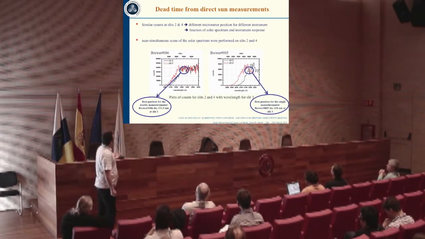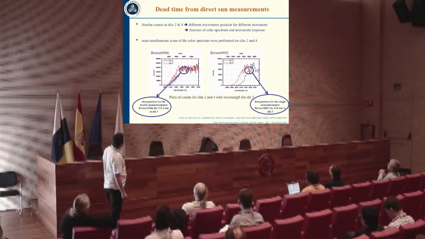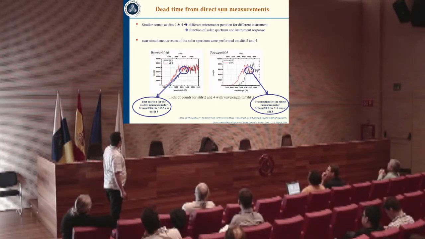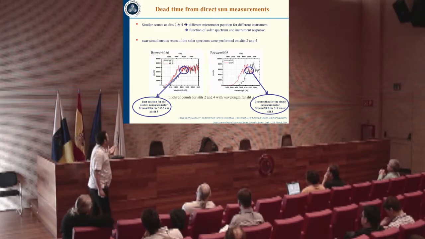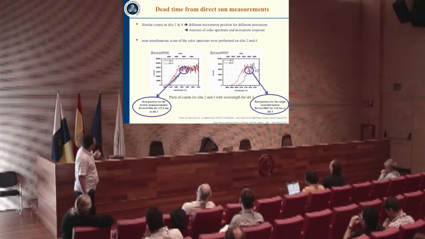To get similar counts at slits 2 and 4, we have to find a different micrometer position for each different instrument. This position is a function of the solar spectrum and of the instrument response. So to find this position for our instruments, we performed near simultaneous scans of the solar spectrum on slits 2 and 4.